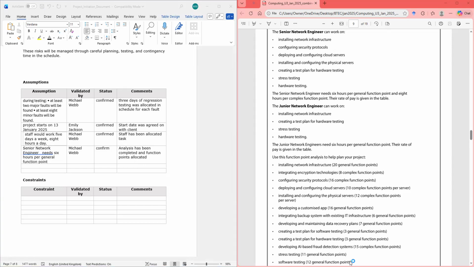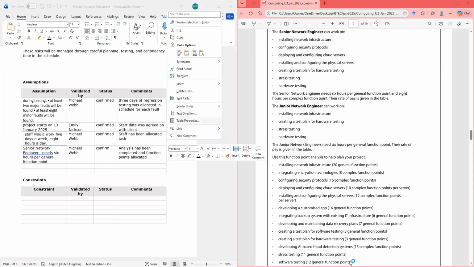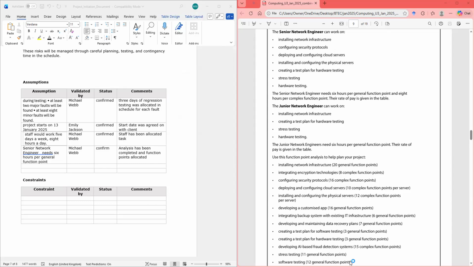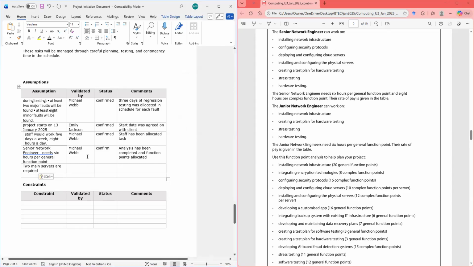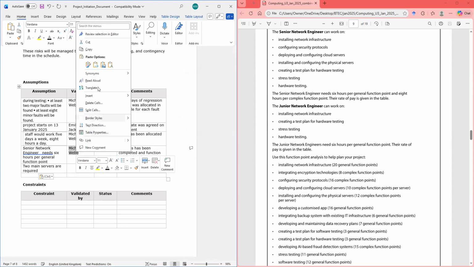Two main servers are required. Why would I need two main servers?